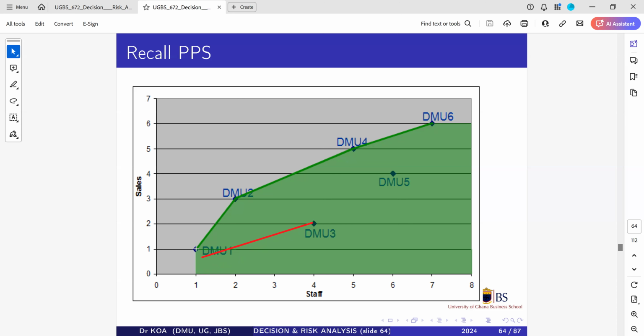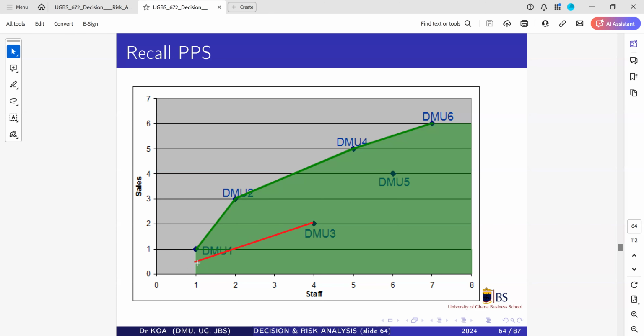For example, this vertical distance is not a good part of the frontier that is fully efficient. Why? Because any DMU that is here, DMU1 is using one staff and producing one sales.